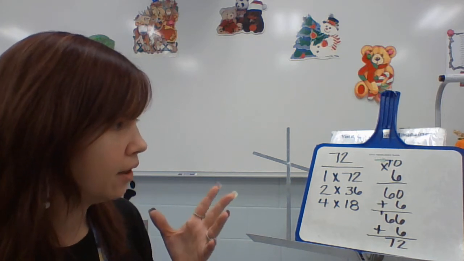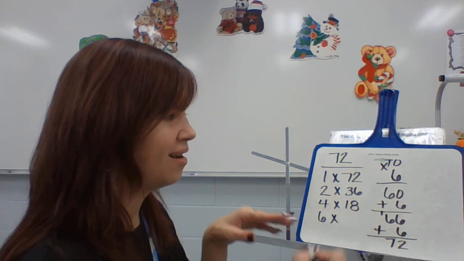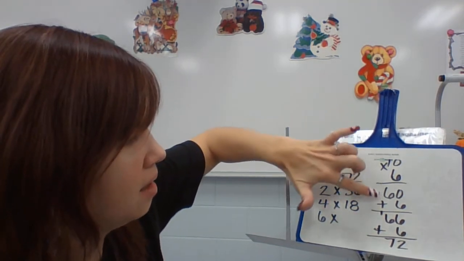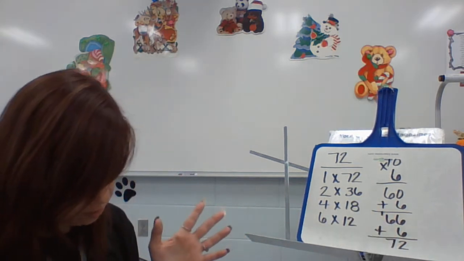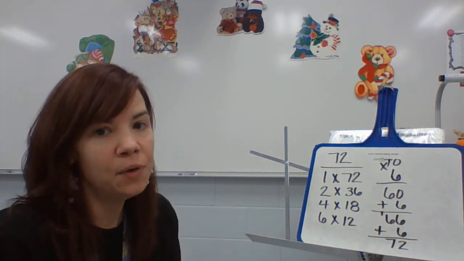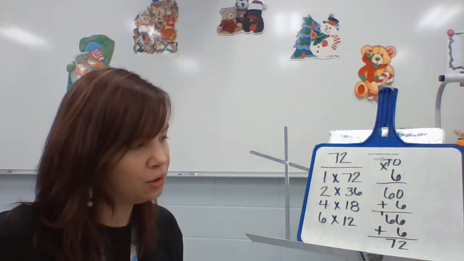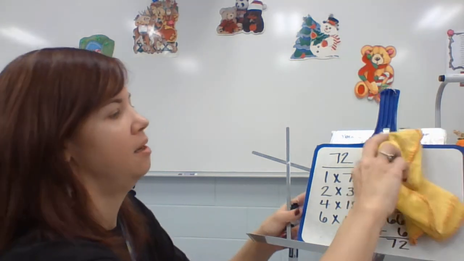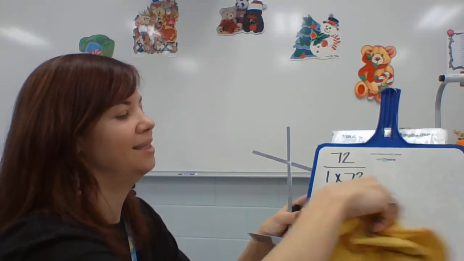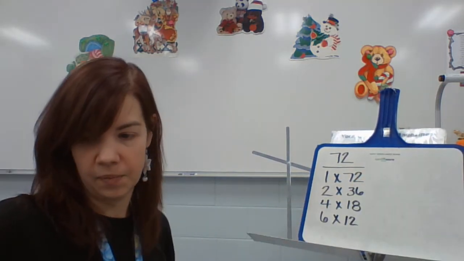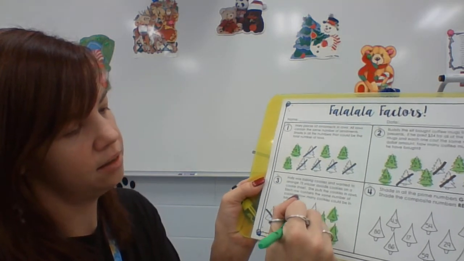So this would be 6 times, 10, 11, 12 times. That one was a tricky one because they didn't put 12 up there, but it is a possibility. So you do have to check and make sure. So we can color in 6. All right, so 6 is a possibility.